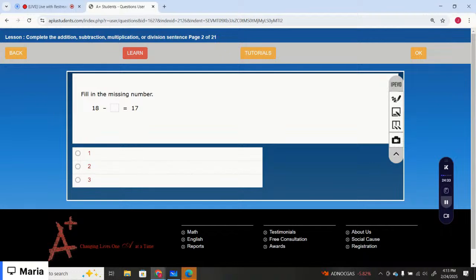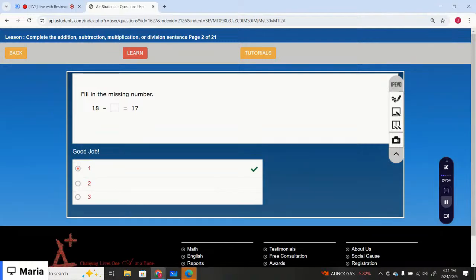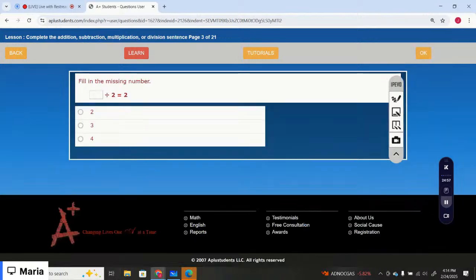Fill in the missing number. That is 18 take away 1 equals 17. Option number 1 is the correct option. Fill in the missing number.